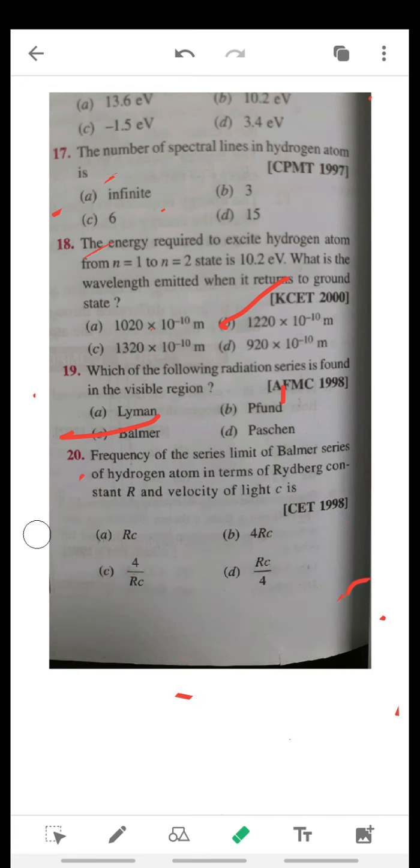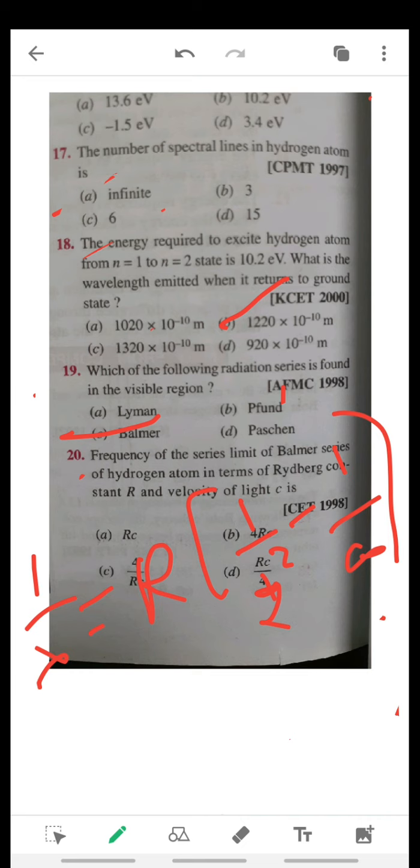And the last question: the frequency of the series limit of the Balmer series of the hydrogen atom, in terms of Rydberg constant R and velocity of light c, is? Very simple, students. We already know the formula: 1 by lambda equals R times (1 by n1 square minus 1 by n2 square). For the Balmer series, this is 1 by 2 square minus 1 by infinity.